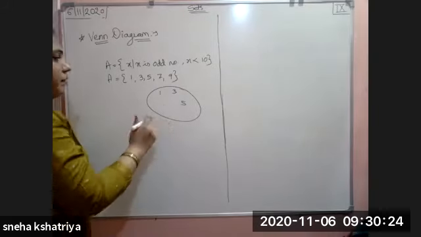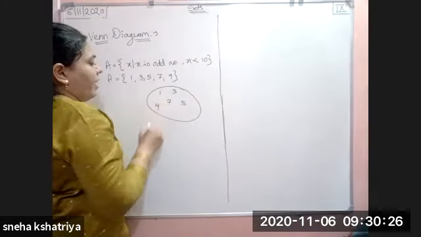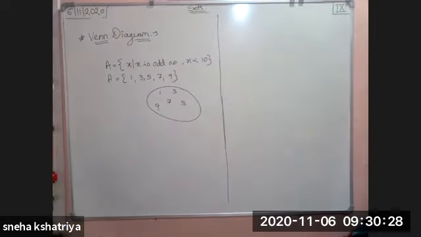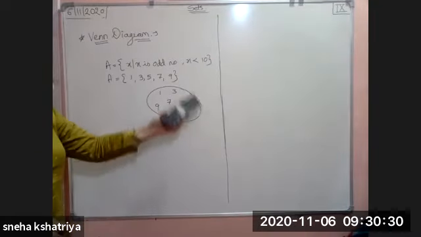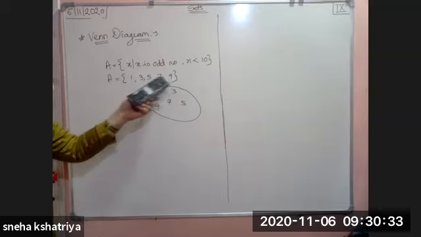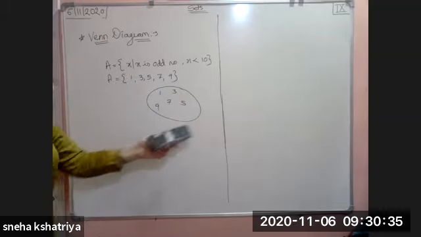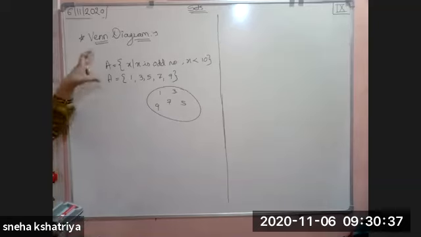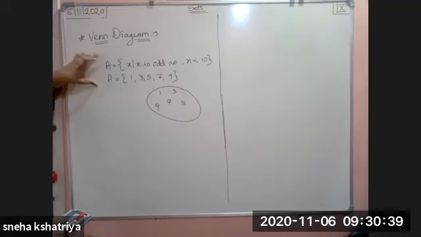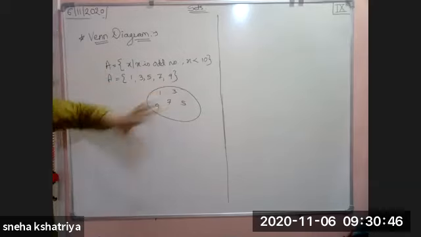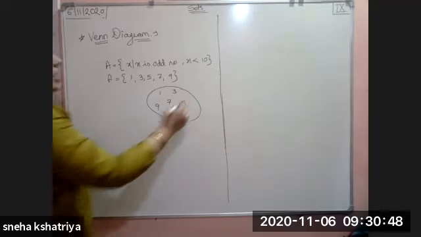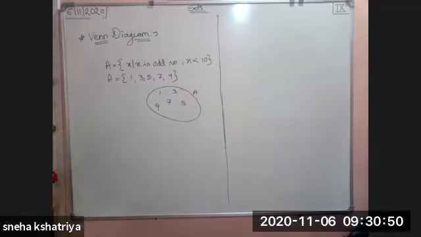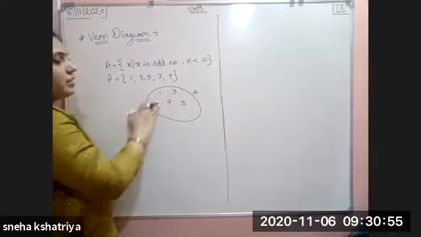You can write them anywhere: 1, 3, 5, 7, 9. Like this you draw a closed figure and write the elements in it. That is what was given to us by the logician, so that it becomes easy for us to know what the elements in a set are.